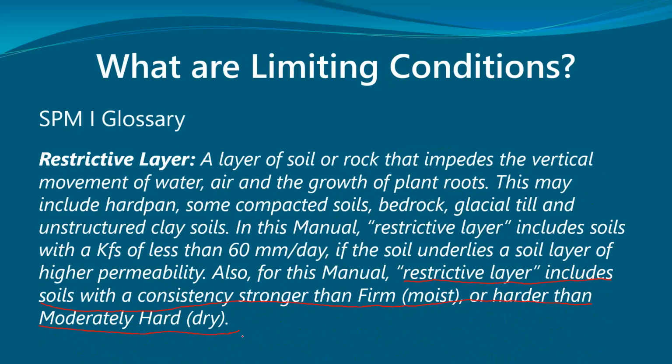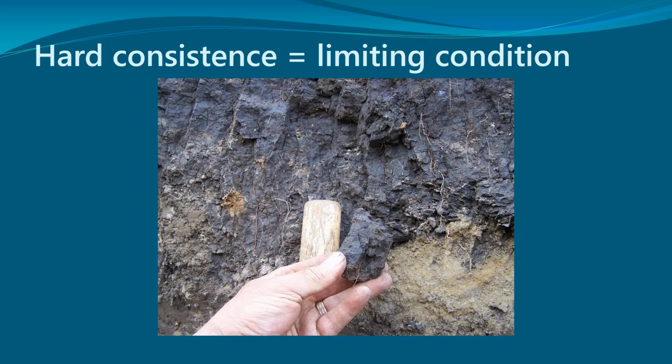Maintenance providers don't have to be experts in soil classification, but you should at least get the fundamentals of this, that if it looks like this, that's a limiting condition. I realize it's a picture, you don't have it in your hand, but this block is fairly hard. You can kind of tell, otherwise it'd be falling apart, right? And it takes quite a bit of pressure to squish that.